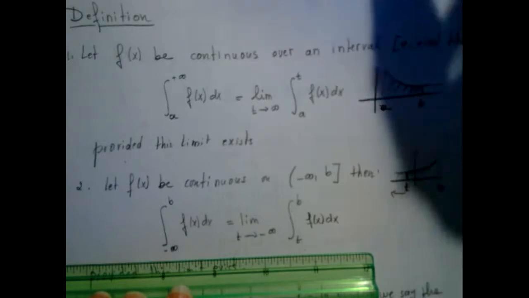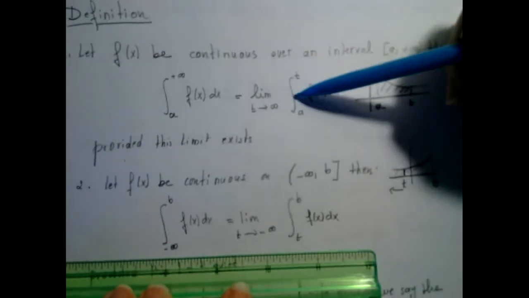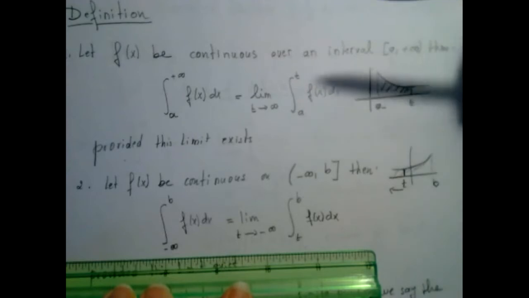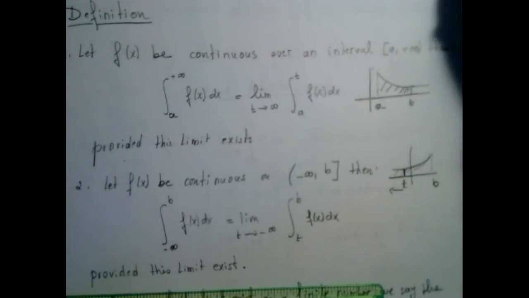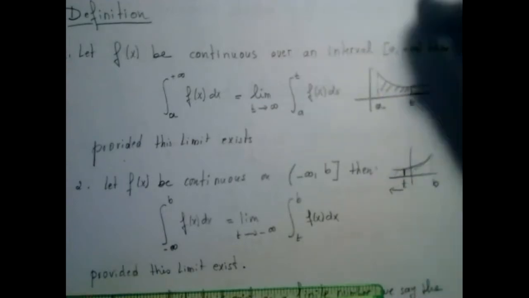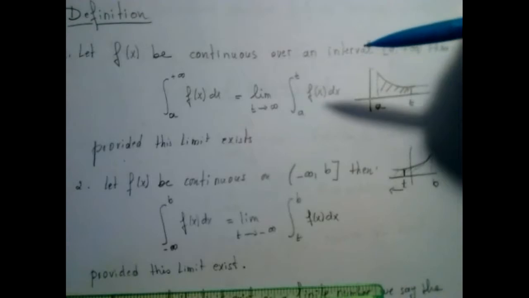Right. Now, a new word that we're going to start introducing. Well, when you're finding the limit, it may or may not exist, simply because the limit could be plus infinity or it doesn't exist. Now, we will say the following. If the limit exists, we will say that the integral converges. So let us read that.